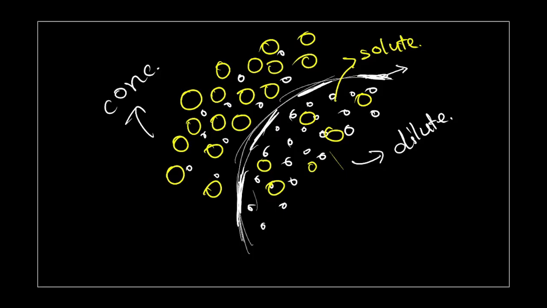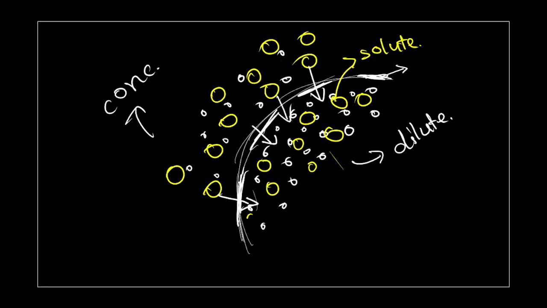What happens is that these solute molecules move from this area of high concentration into this area of lower concentration. So you see, they will move through the partially permeable membrane, and they will do it until they're spread out even.